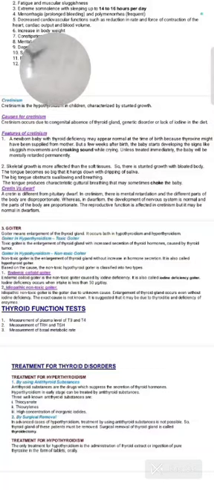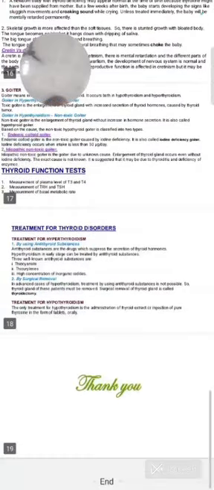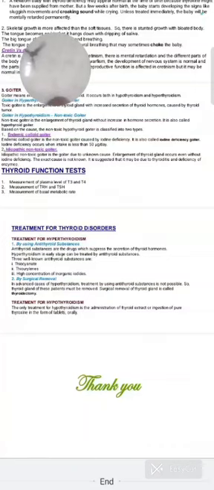So the thyroid function test includes the measurement of plasma levels of T3 and T4, measurement of TRH and TSH, and the measurement of basal metabolic rate. So the treatment for thyroid diseases: in case of hyperthyroidism, anti-thyroid drugs, which suppress the secretion of thyroid hormones, are given.